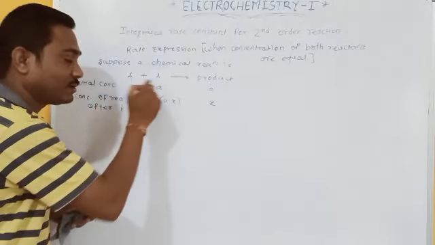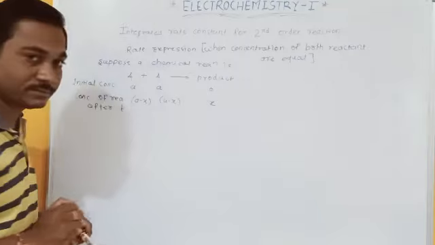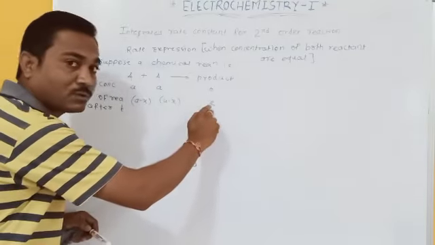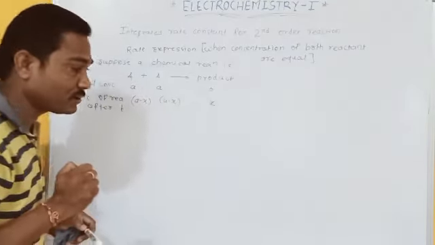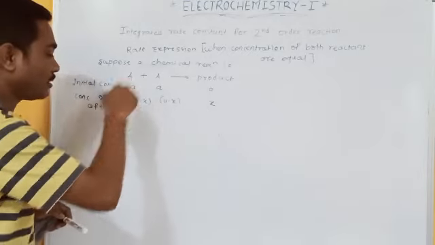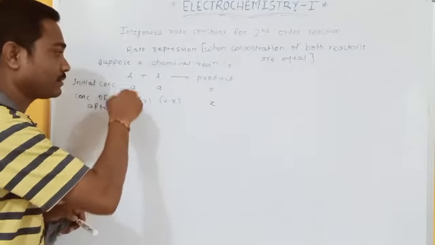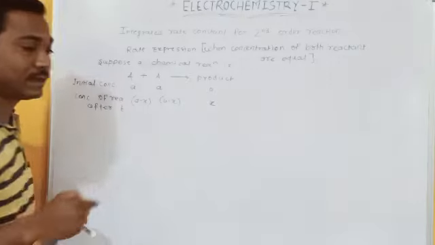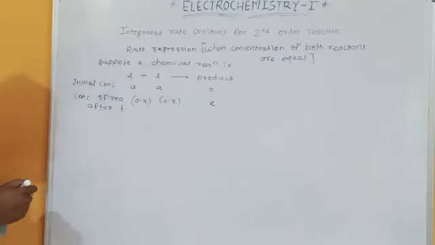Here a is the initial concentration of both the reactants, and x is the number of moles of reactant which is converted into product. Then the concentration of each reactant is a minus x, a minus x.